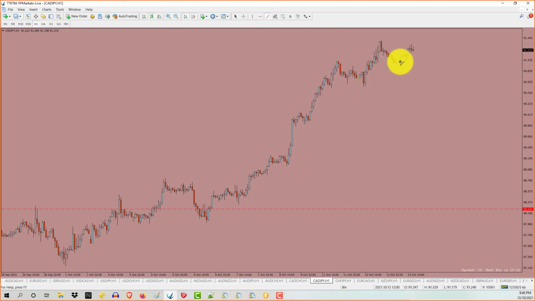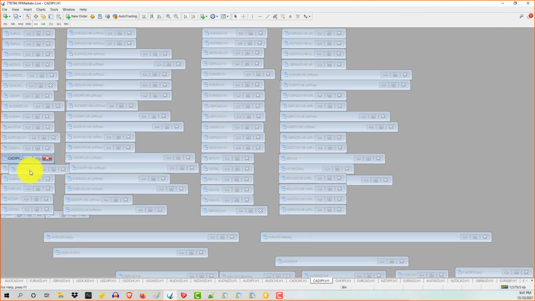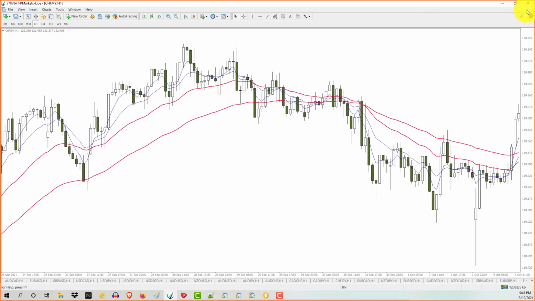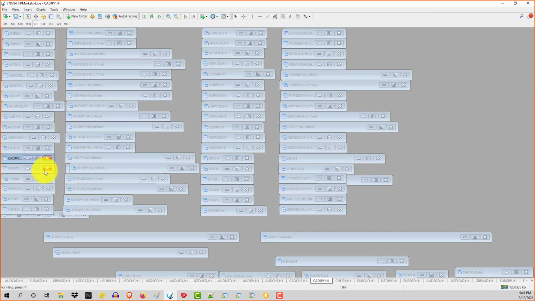Same thing here with the CAD yen. Again, we've got the floor here. We've got the tightening up, and then this is a moving average thing. I'll put this one on.